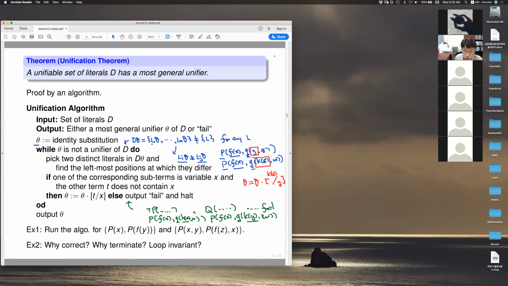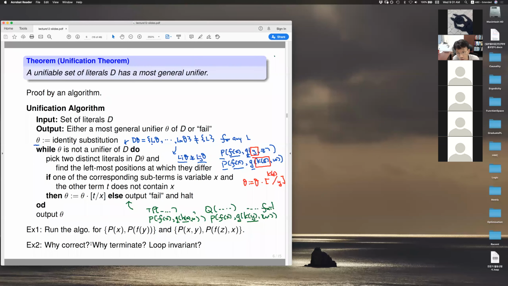The second is a more difficult question that we want to discuss a bit further, to think about why this algorithm is correct. The correctness often involves two things. One is that the algorithm has to terminate all the time. So first, make sure you have some argument for why this algorithm always terminates. Second, we want to argue the algorithm is correct in the sense that if D is not unifiable, the algorithm returns fail, and if D is unifiable, it returns a most general unifier.